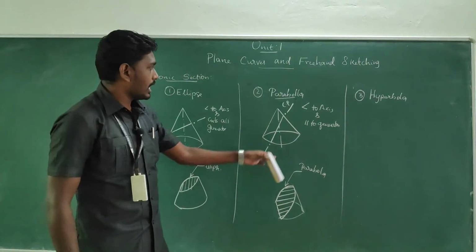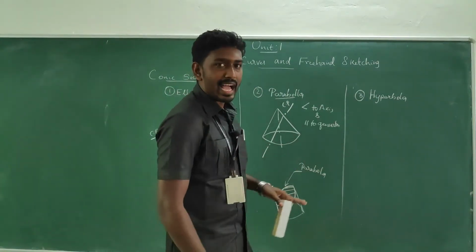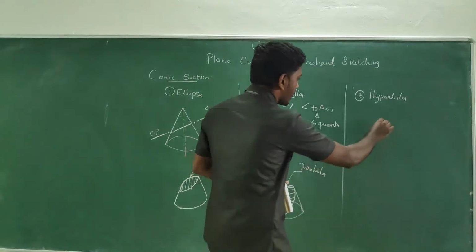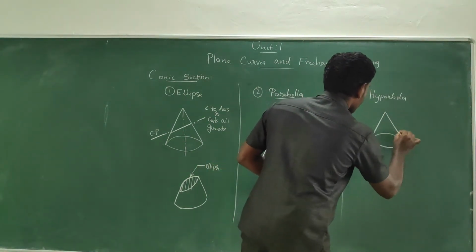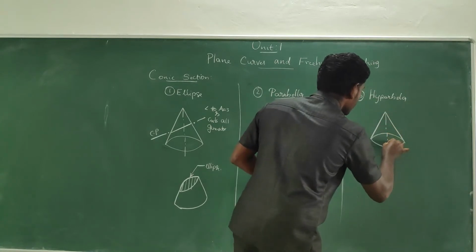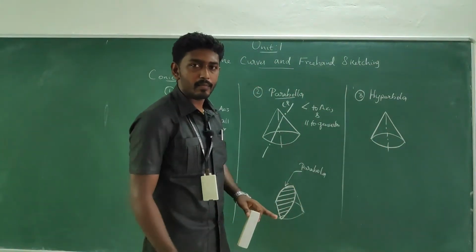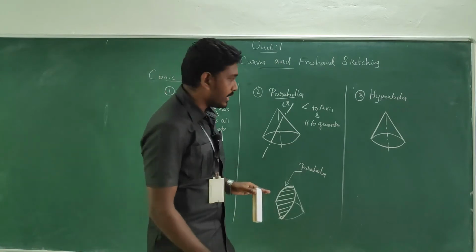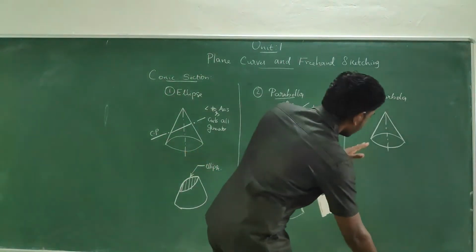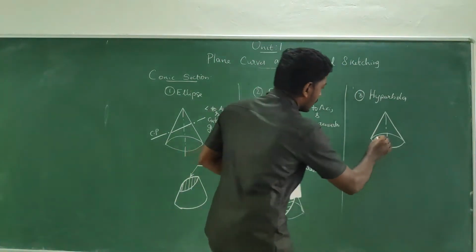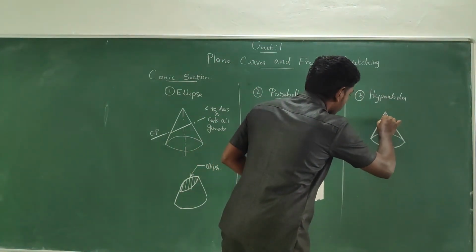Okay, and when we see the hyperbola in the same fashion, just a right circular cone. So here I have the axis like this, and here the section plane or cutting plane is influencing this cone in this manner.